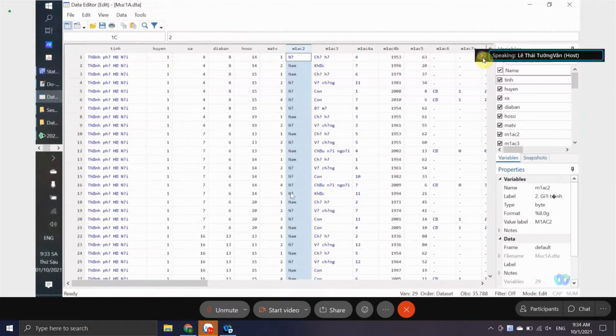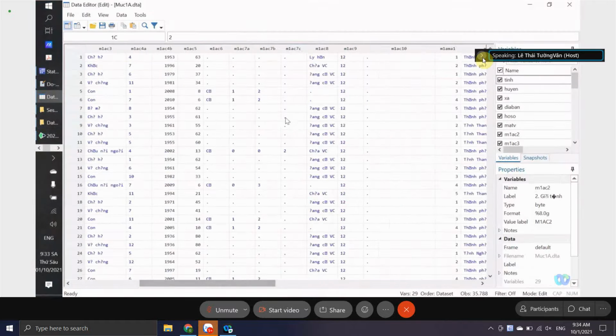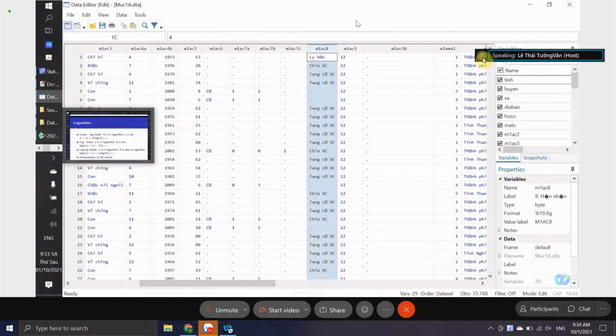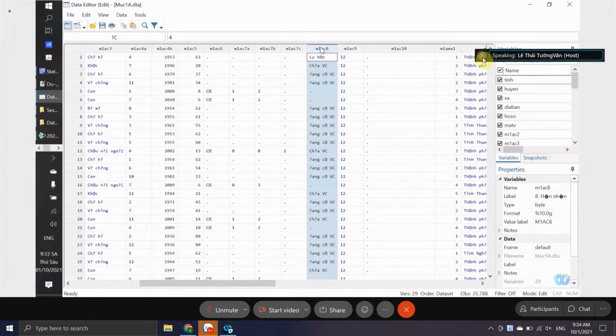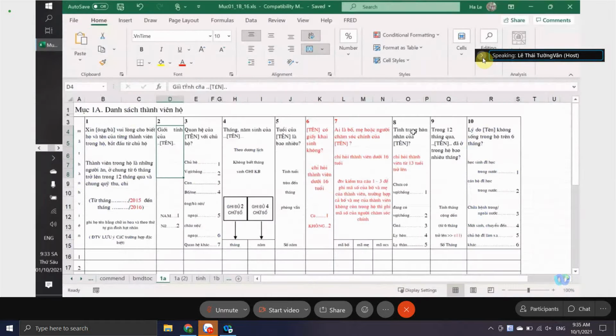Then let's say we talk about section 1A, question 8. What is it about? You see something like weird Vietnamese coding, but that's what we find. I will show you how to code them into nominal data later. And you examine question 8.